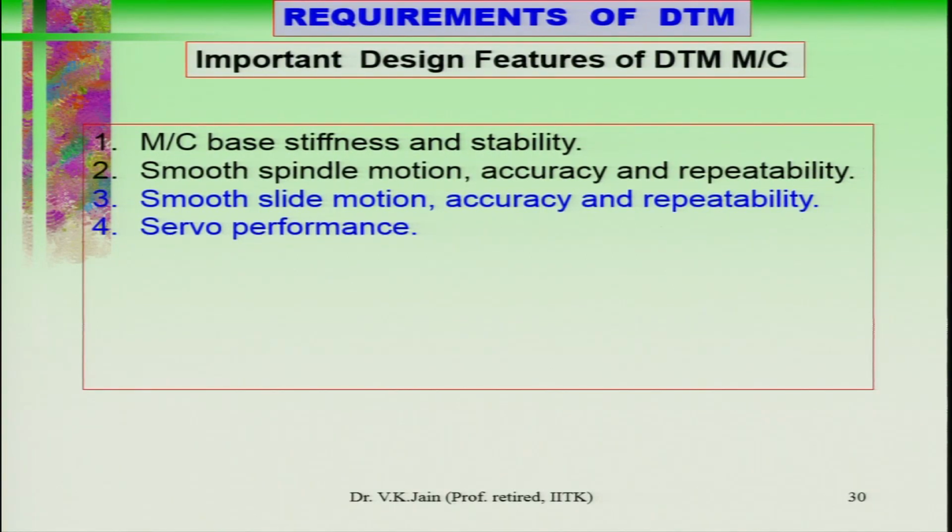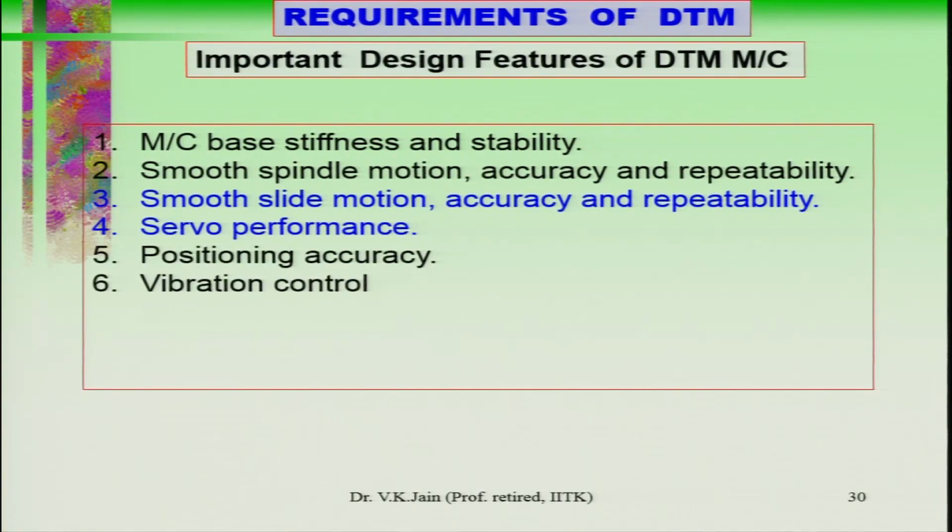And then servo motors are used to control various motions of different parts. Positioning accuracy is another very important aspect. If you have not positioned accurately the workpiece or the tool, then in both cases the dimensional accuracy will be affected and you will not get the right kind of component.